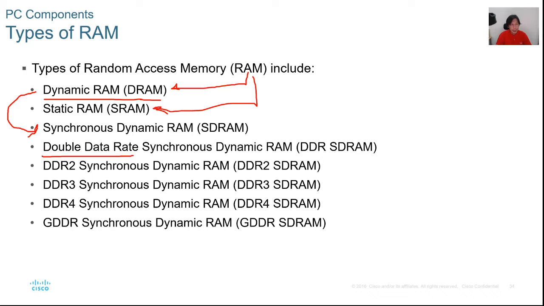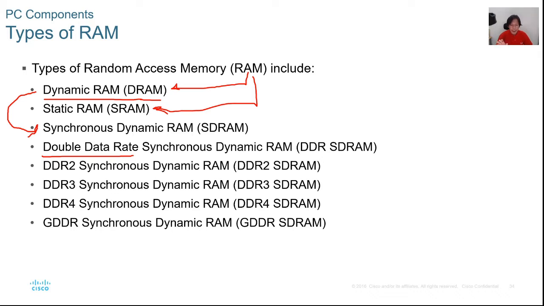Then we do have the GDDR SDRAM. G stands for graphics. So the GDDR is being used mostly in graphics cards. Nowadays, when you buy a graphics card, you need to check how much RAM that graphics card has.